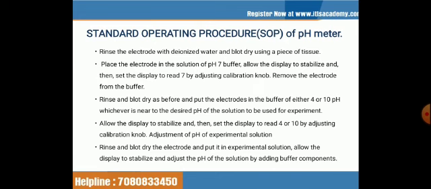Allow the display to stabilize and then set the display to read 4 or 10 by adjusting the calibrating knob. Adjustment of pH of experimental solution: rinse and blow dry the electrode and put it in the experimental solution. Allow the display to stabilize and adjust the pH of the solution by adding buffer component.